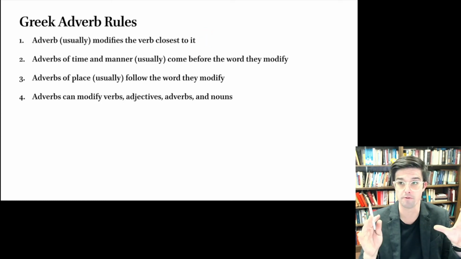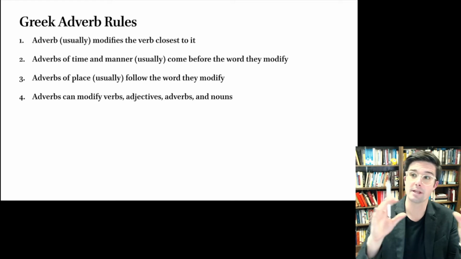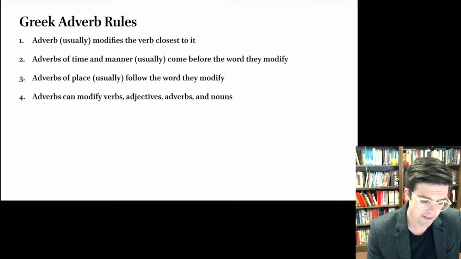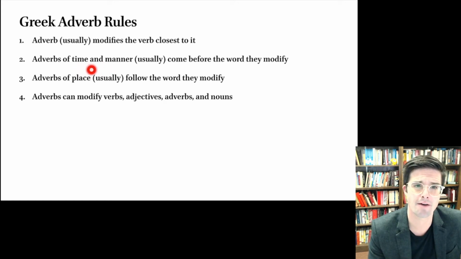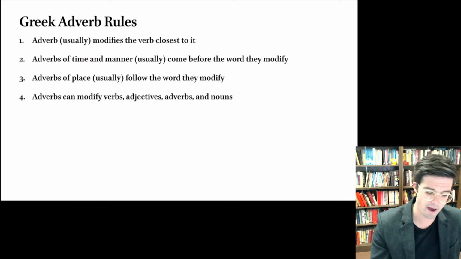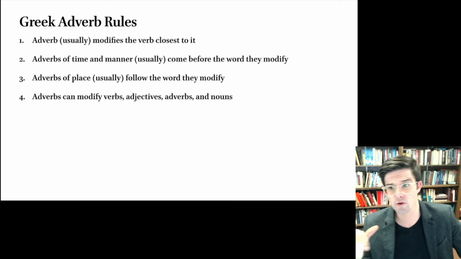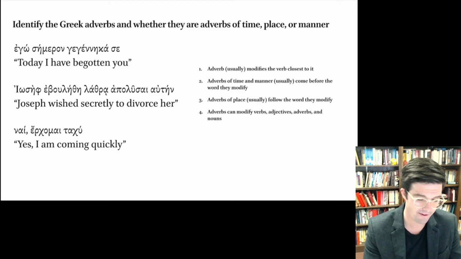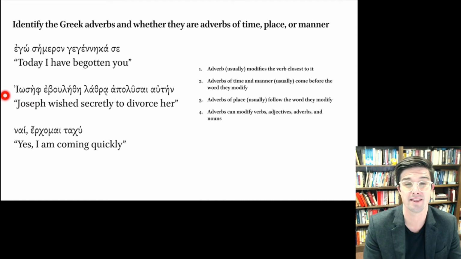So if you have multiple verbs in a sentence, usually the adverb is going with the one that it is in closest proximity to. And then there's some sort of peculiar things about adverbs of time and manner and adverbs of place. Those of time and manner usually are going to come before the word that they modify, and adverbs of place are usually going to come after the word that they modify. And this is going to be relevant for number 2 here in this next lecture pause.